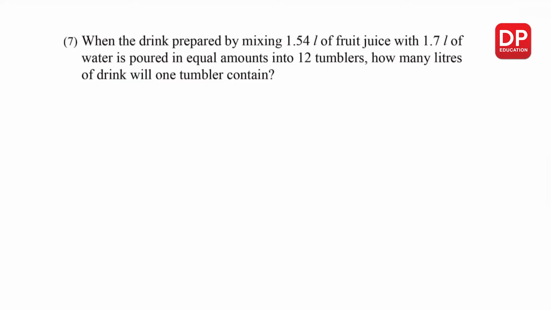Question number 7. When the drink prepared by mixing 1.54 liters of fruit juice with 1.7 liters of water is poured in equal amounts into 12 tumblers, how many liters of drink will one tumbler contain?